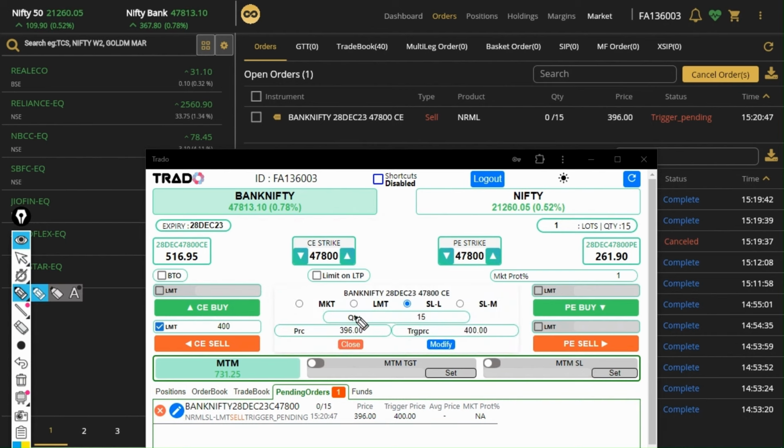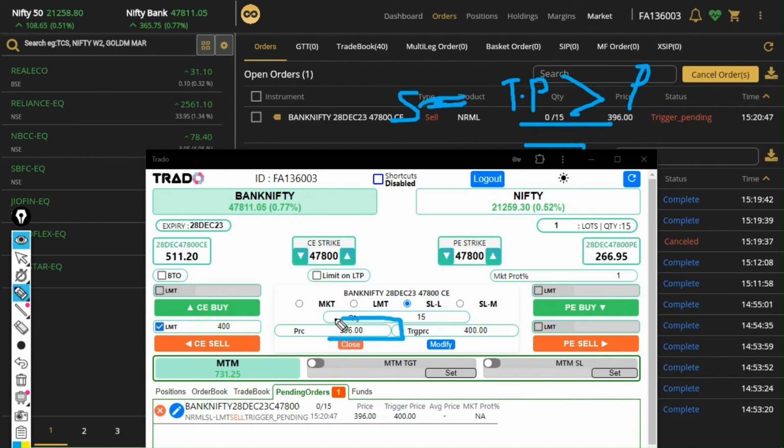If I want to edit this order, I will simply go to the edit section, and here in the sell case, your trigger price is greater than your price. See here, your price is 396 and your trigger price is 400.